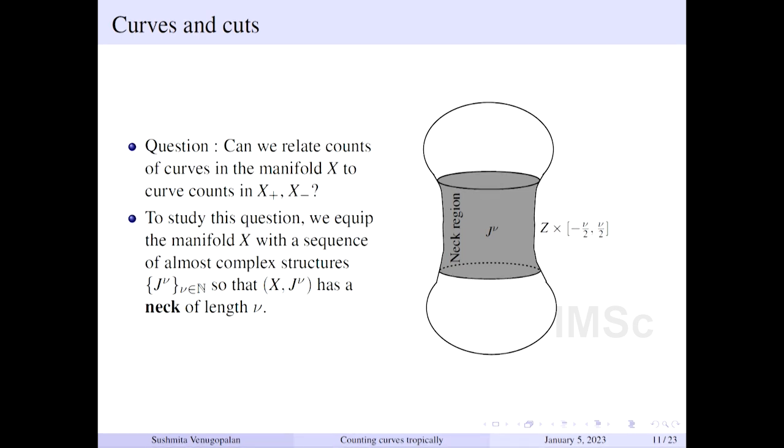That's a slightly technical term, but for the layman, just think of this picture as stretching the neck region so that eventually the two things come apart. The mathematical quantity that is changing is the almost complex structure. Then we look at curves in these neck stretched manifolds and look at their limit as the neck length goes to infinity.